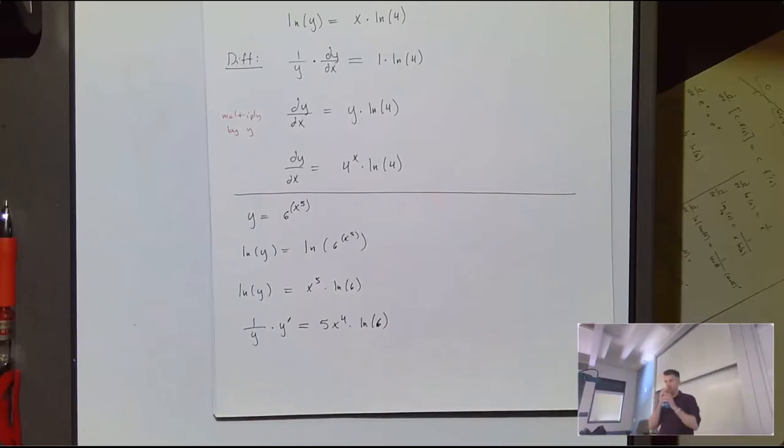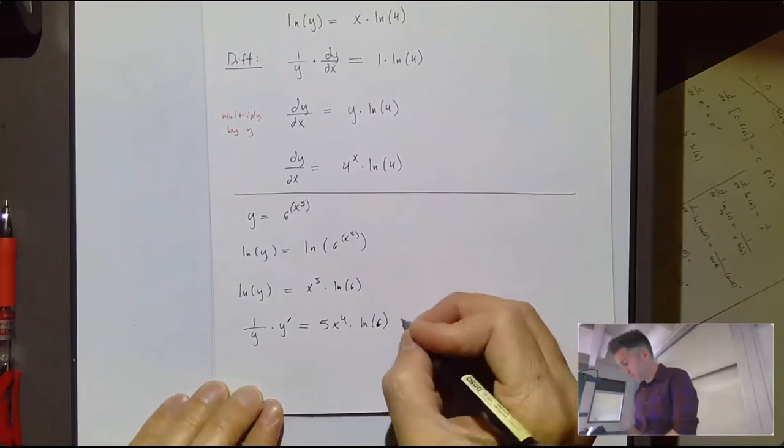Questions at this point before we finish it? All right, what should I do next? What am I trying to find? Right, so what do I need to do to find y prime?